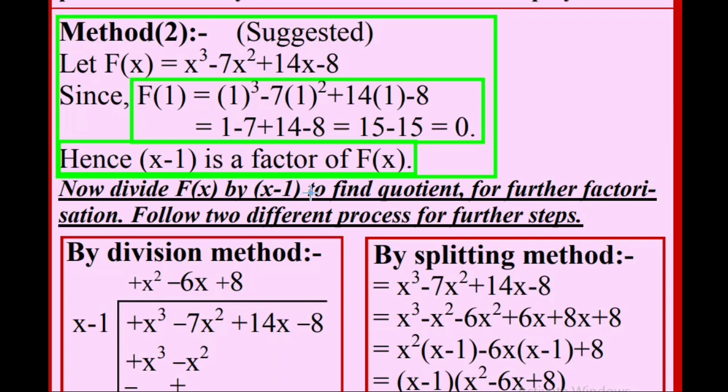So in this polynomial, x cubed minus 7x squared plus 14x minus 8, one factor we found, that is x minus 1.